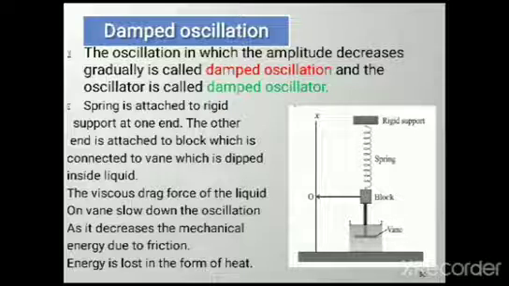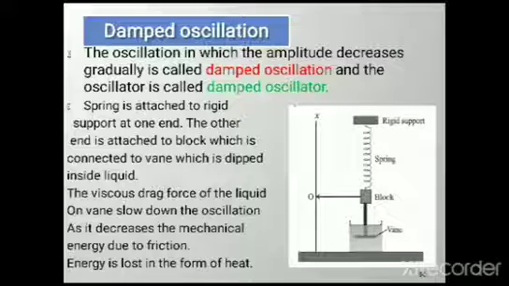So, for a practical purpose, the arrangement of a damped oscillator is shown in the diagram. A spring is attached to the rigid support at one end. The other end is attached to the block which is connected to the vane which is dropped inside the liquid.